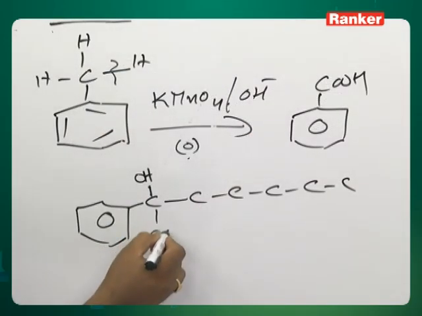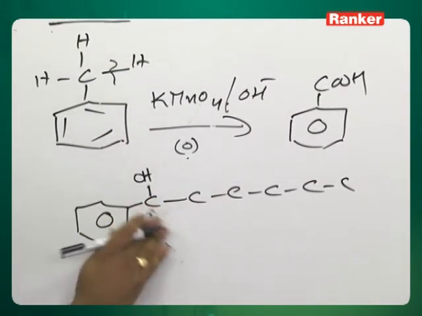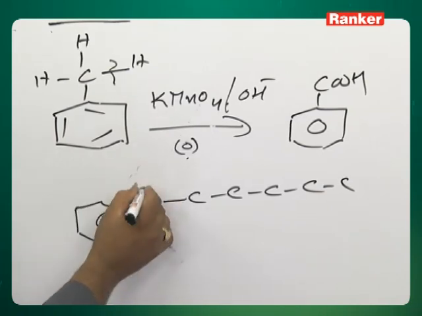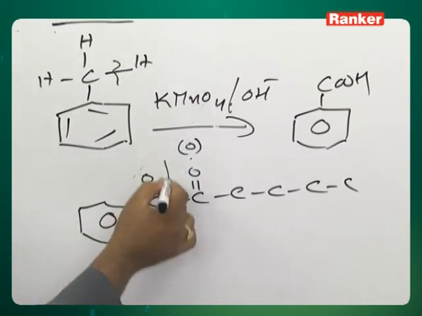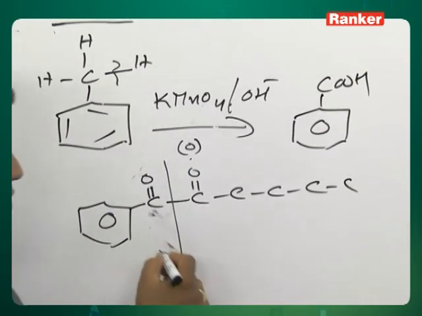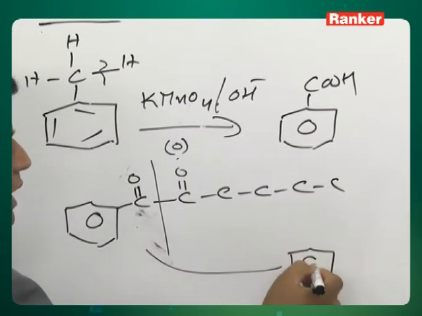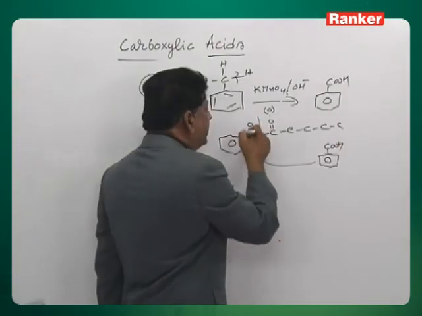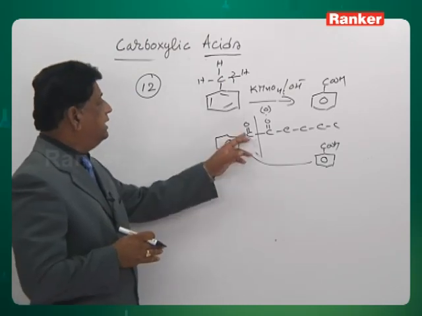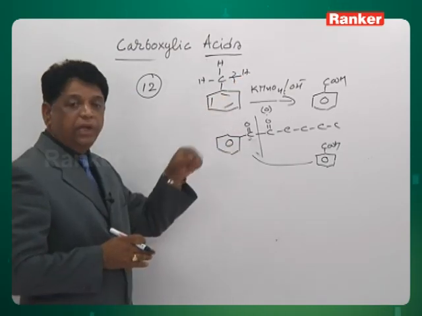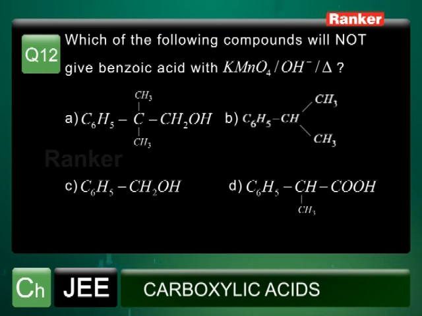Then one more OH, 2 OHs eliminate and you get a carbonyl group, a double bond is formed. Then this hydrogen starts oxidation, and finally it breaks, and one of the components will be benzoic acid. This all happens when there is a carbon containing oxidizable hydrogen, that is, a hyperconjugation-showing hydrogen. So, now let us see the answer.